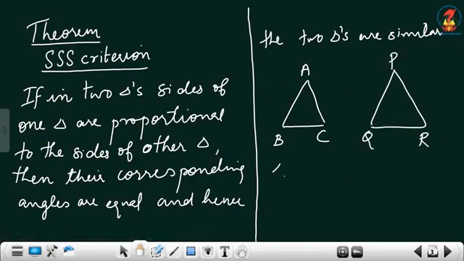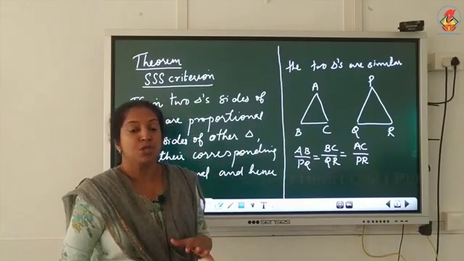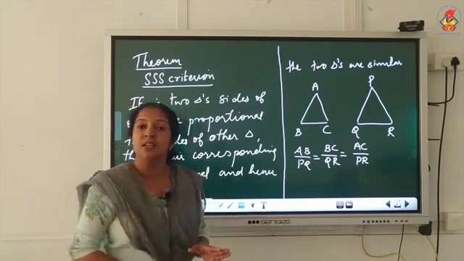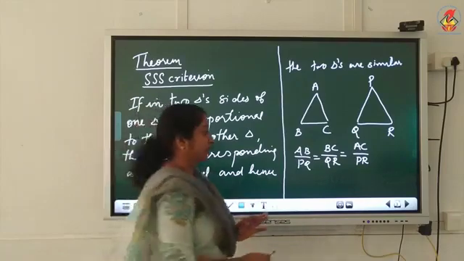If the sides are in proportion, means AB by PQ is equal to BC by QR is equal to AC by PR. What we are proving here is all the three sides are in proportion. If it is in proportion, what we can say is both the triangles are similar using SSS criterion.